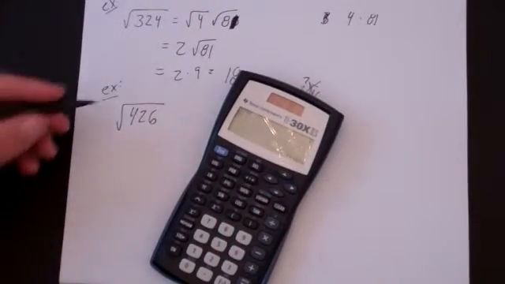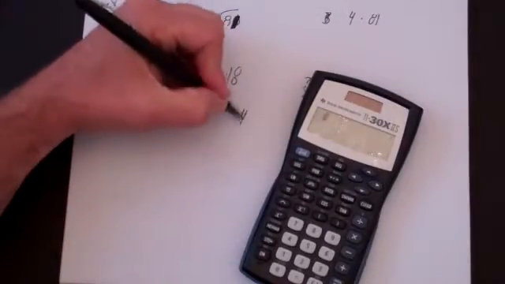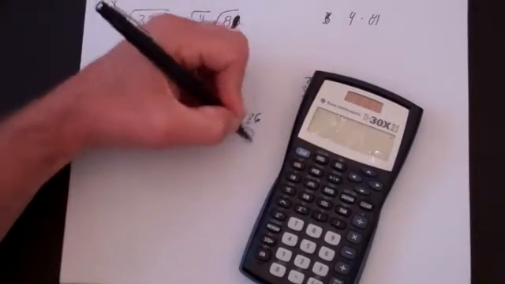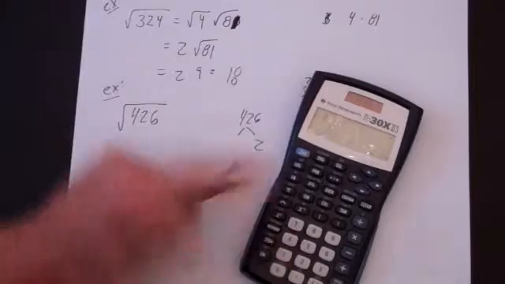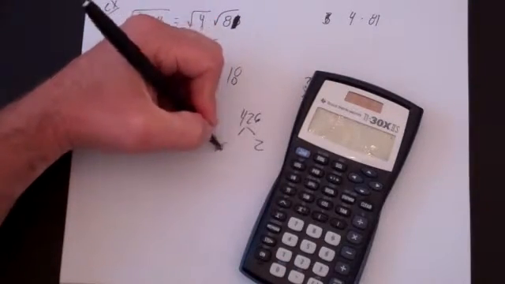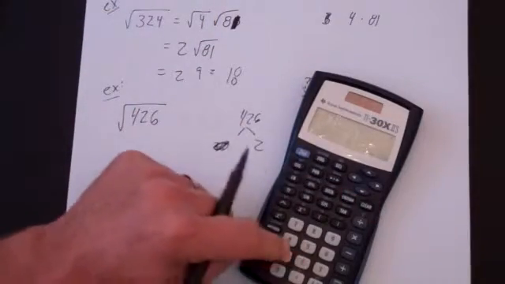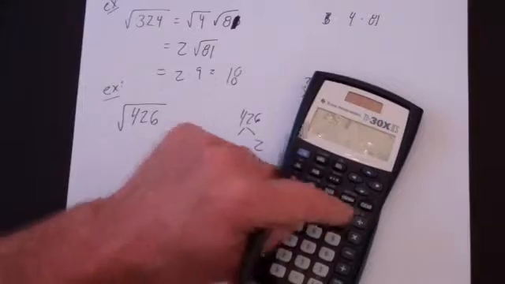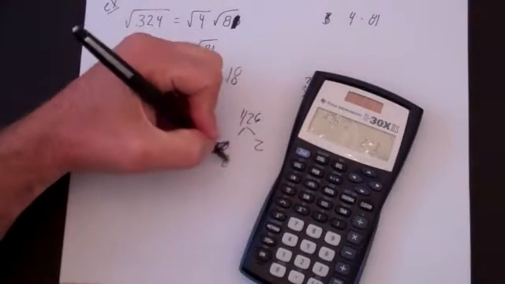This is actually kind of strange. I know 2 goes into it, right? Let me just do that on a calculator. 426 divided by 2 is 213.